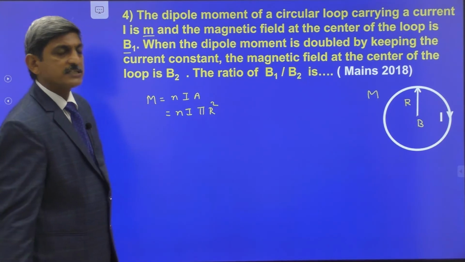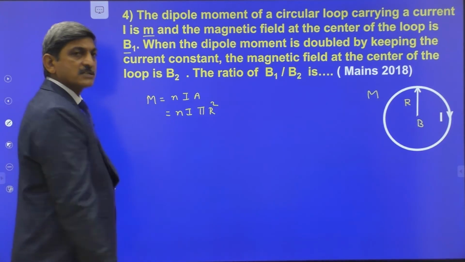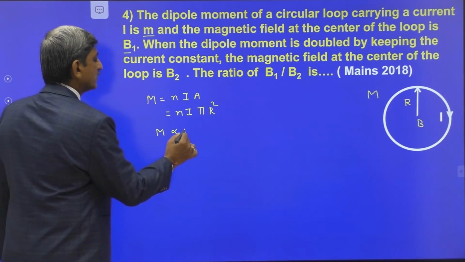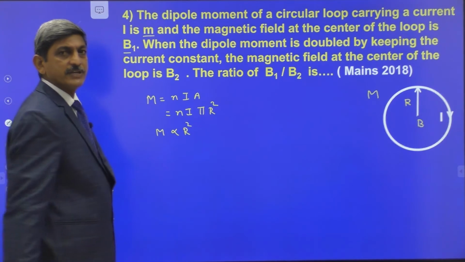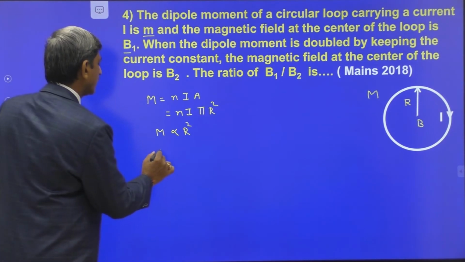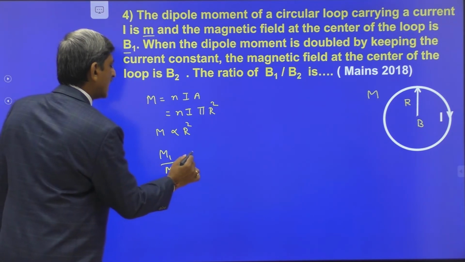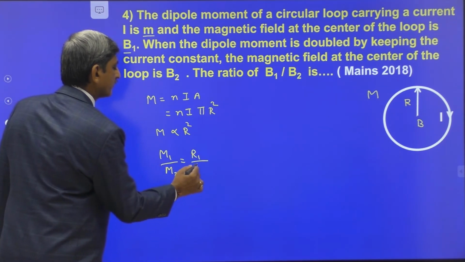Here for the first coil and the second coil, the number of turns is the same, and the current is also the same, so the dipole moment is directly proportional to the square of the radius of the coil. From this we can write M1 by M2 is equal to R1 by R2 whole square.